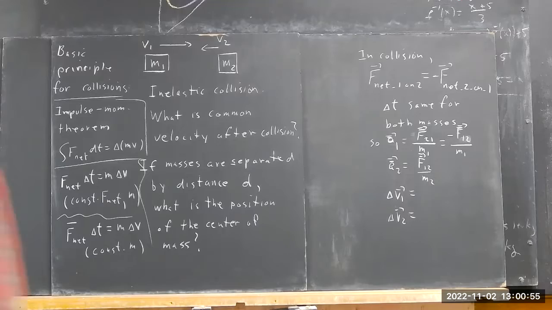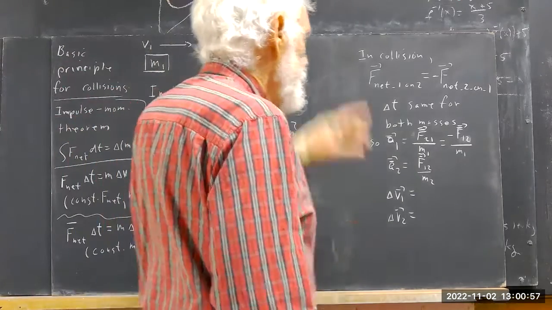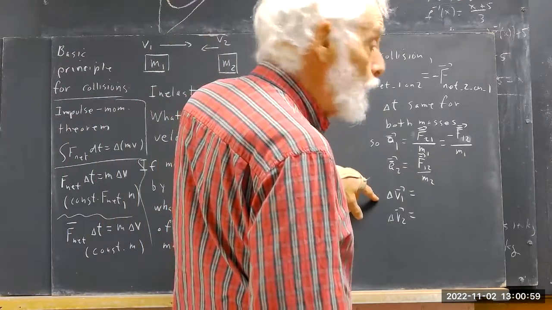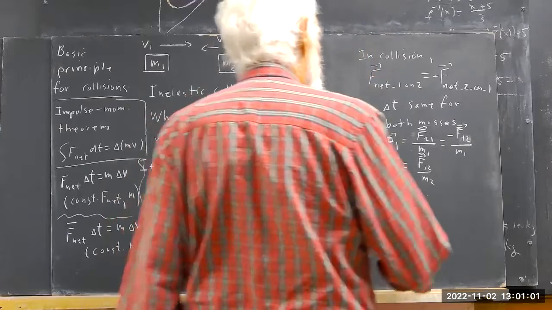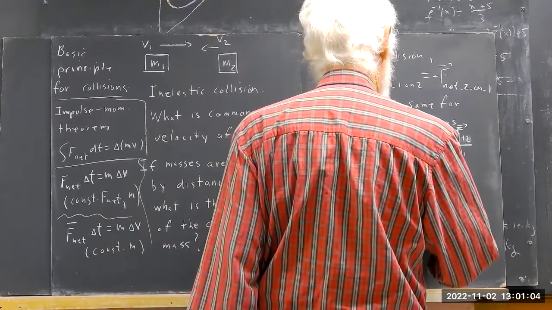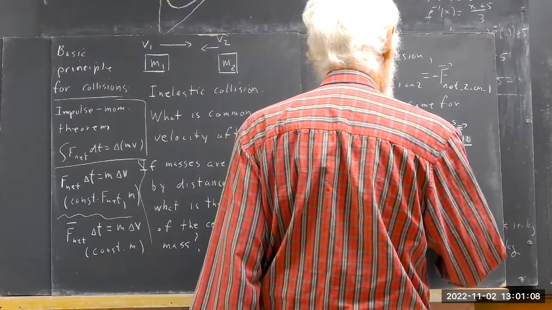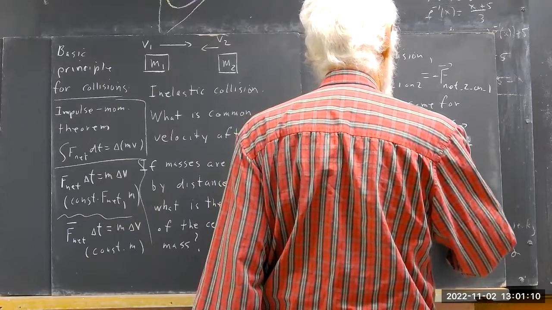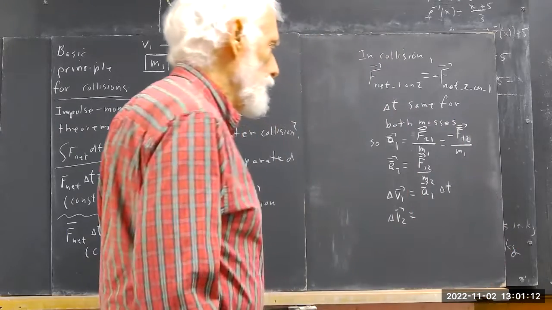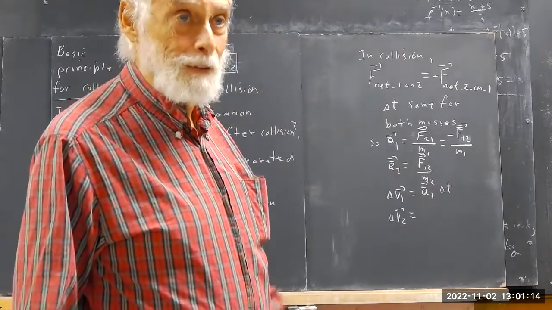Okay. Delta V1 is equal to the product of the average acceleration and the delta T, right?